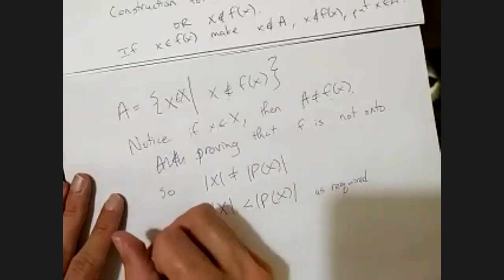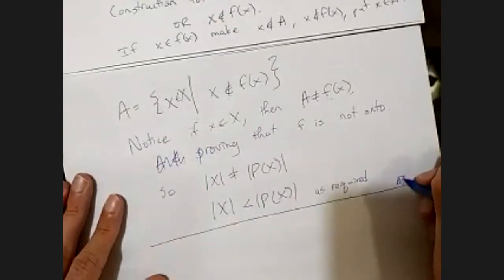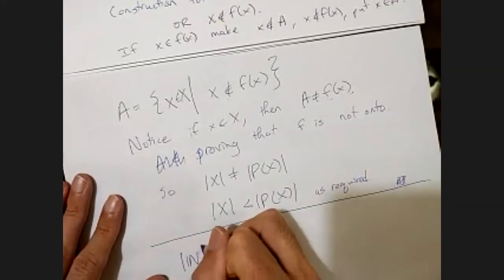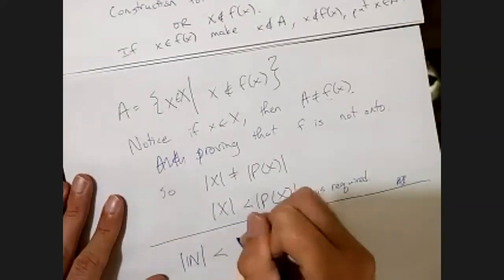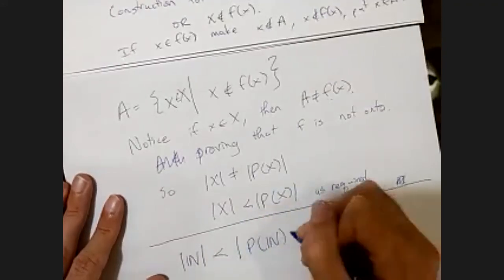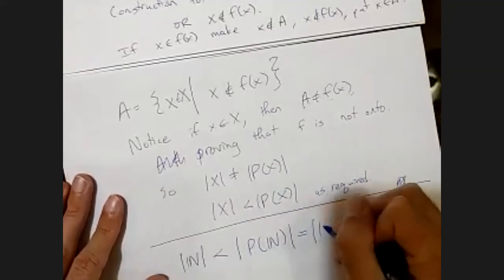So in fact, that's the end of the proof. And in fact, we have that the cardinality of the natural numbers is less than the cardinality of the power set of the natural numbers, which is equal to the cardinality of R.